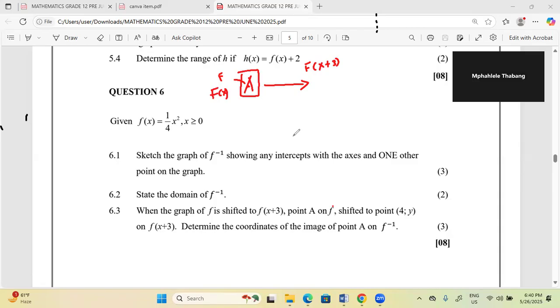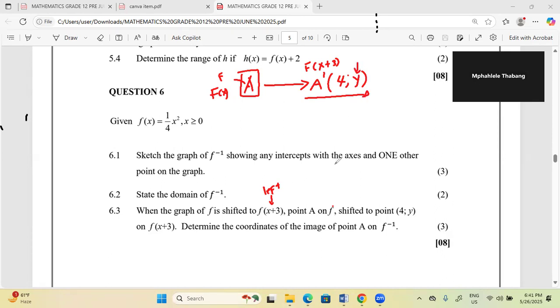Whenever we shift the point A 3 units to the left, we get a new point on the function f of x plus 3. I will call it A prime. They are saying the coordinates of that new point A prime, which is the result of shifting to the left, are (4, y). They want us to find the y coordinate.